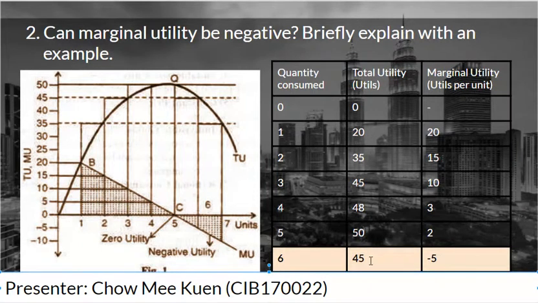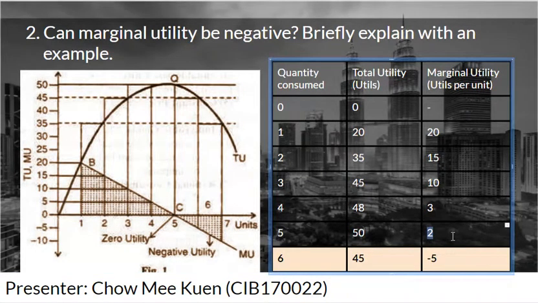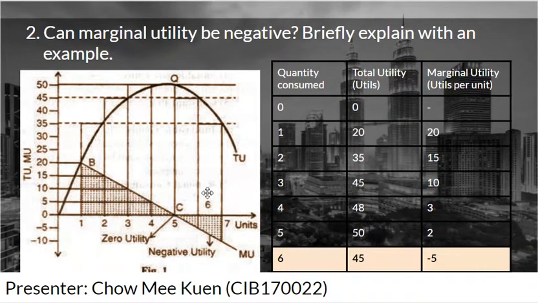And therefore, it affects the marginal utility to decrease from 2 utils per unit to -5 utils per unit. You can see here, when the 6 units are obtained, the total utility will be 45 utils, compared to the 5 units obtained, it decreased from 50 utils to 45 utils.